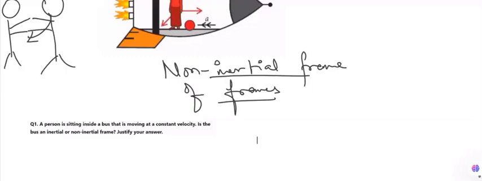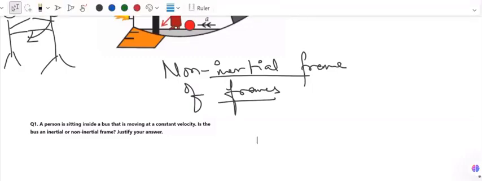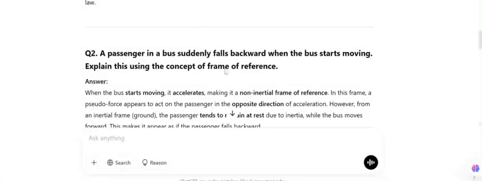Since the bus is at constant velocity, I think it is inertial.